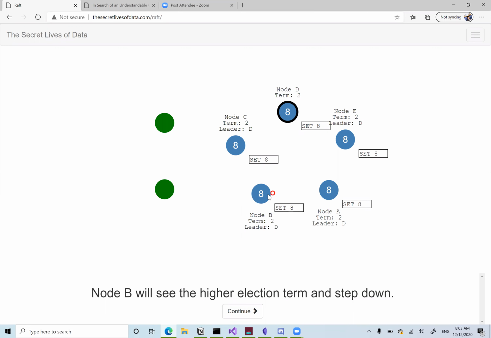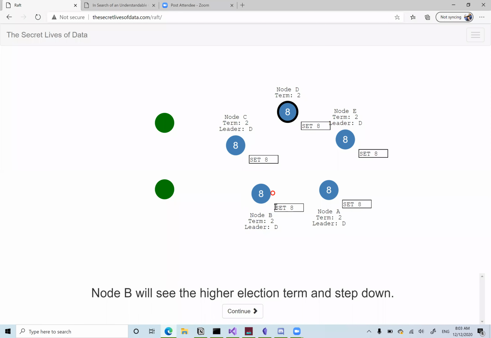So it was a leader, but it received a heartbeat from a node which has a higher election term, so it will step down as the leader.